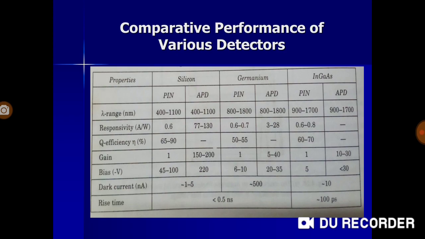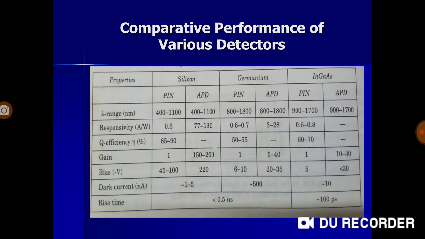Now the next thing is quantum efficiency. That was somewhere related to responsivity. For PIN photodiodes, it is 65 to 90, and for APDs we do not go by the quantum efficiency, for all three cases, germanium, silicon, or indium gallium arsenide, because quantum efficiency is a measure of the number of electrons generated to the incident number of photons.